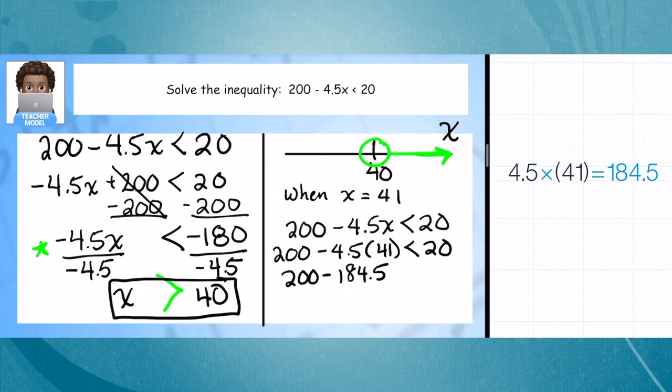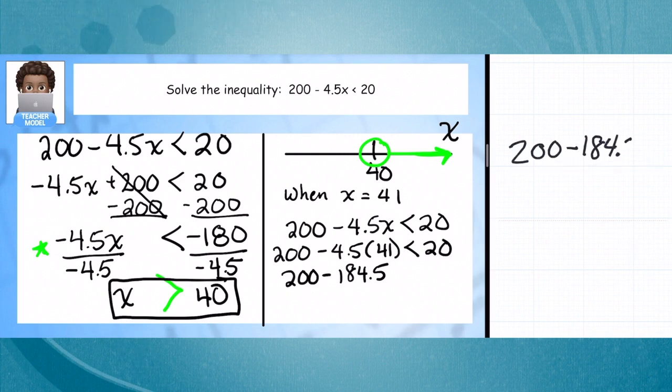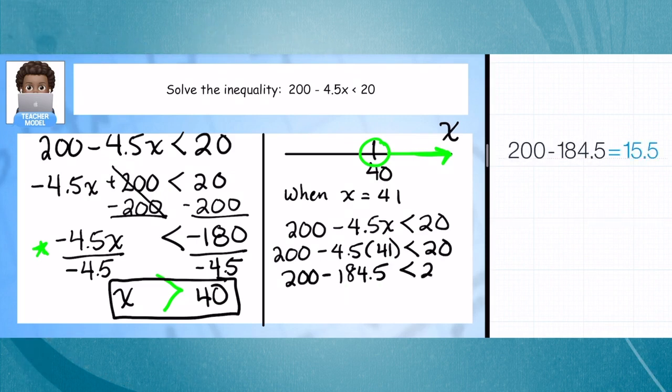So 200 minus 184 and 5/10 is 15 and 5/10. And this is less than 20. So our answer is correct.